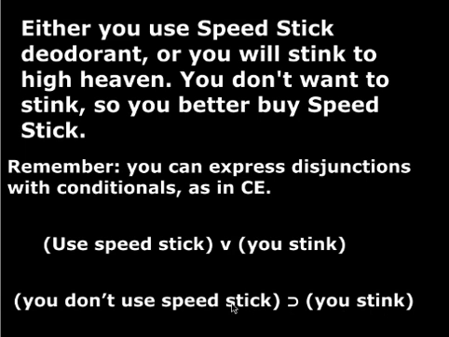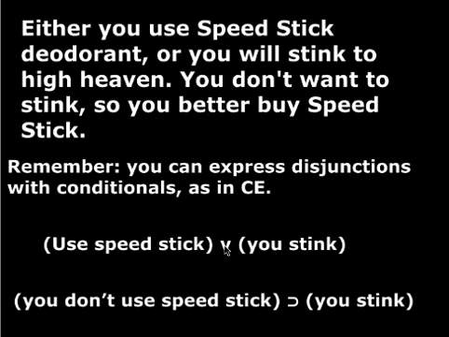Okay? So sometimes things can be expressed as a conditional, but it's still a false dichotomy, because of course this conditional only works if the only options are using Speed Stick or stinking. Right? Suppose there's a third option.